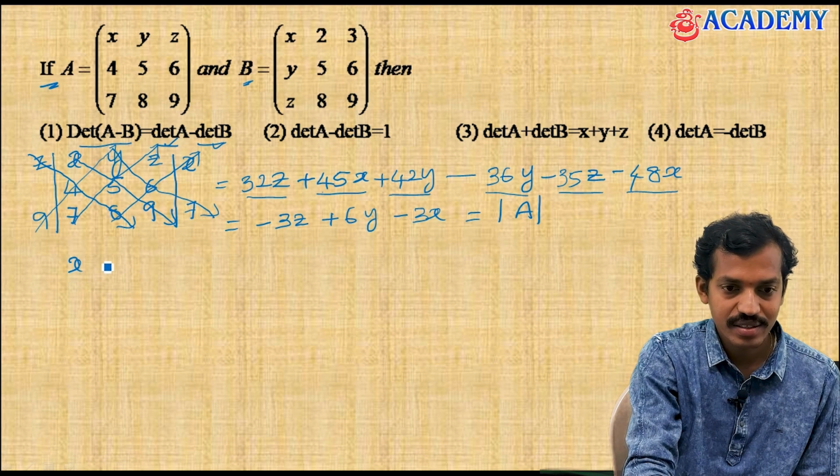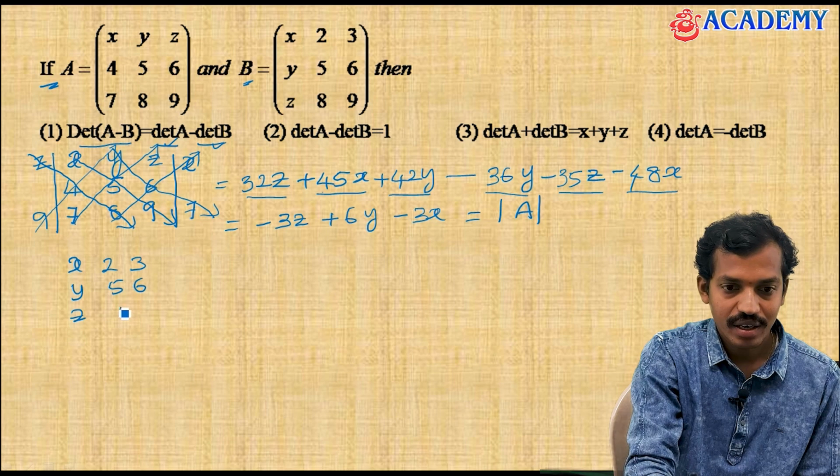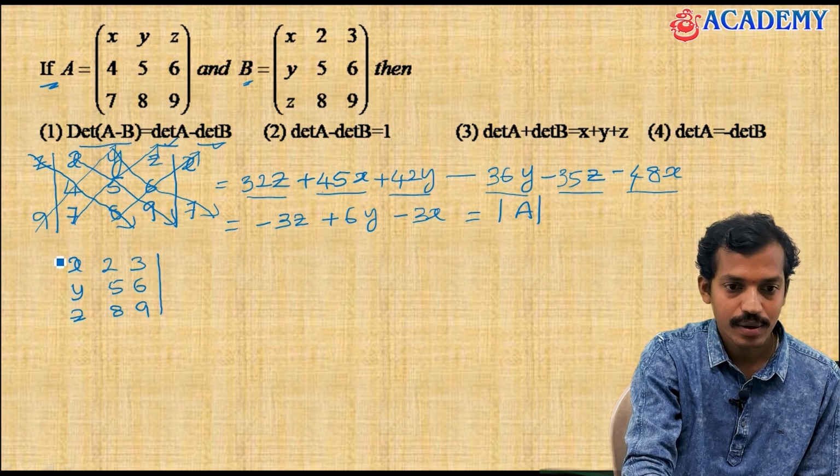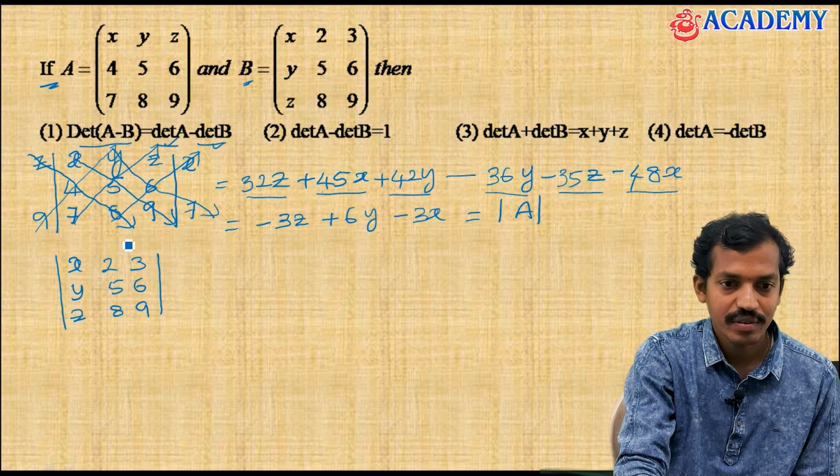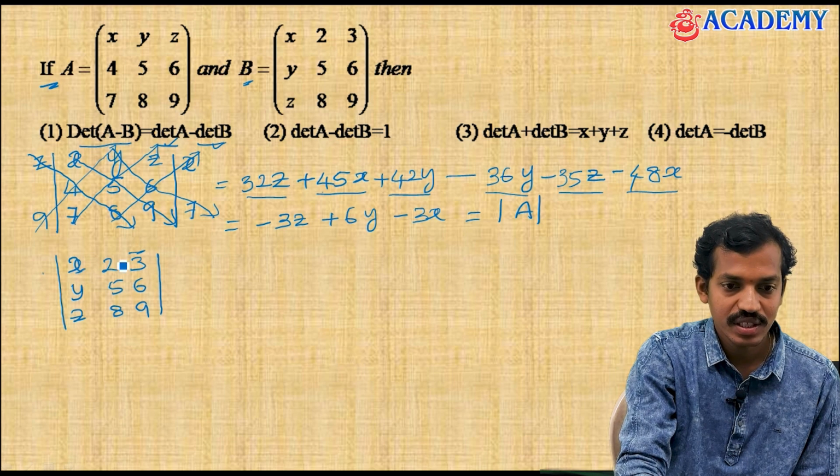The matrix is x, 2, 3, then y, 5, 6, then z, 8, 9. It is the same manner, but I am not writing it all out, I am taking it directly. First you write the last element at first, and the x value is here.